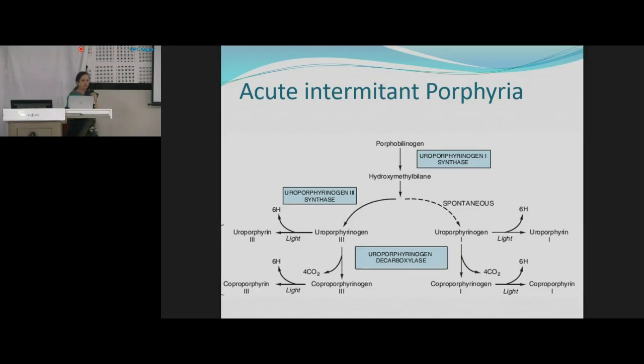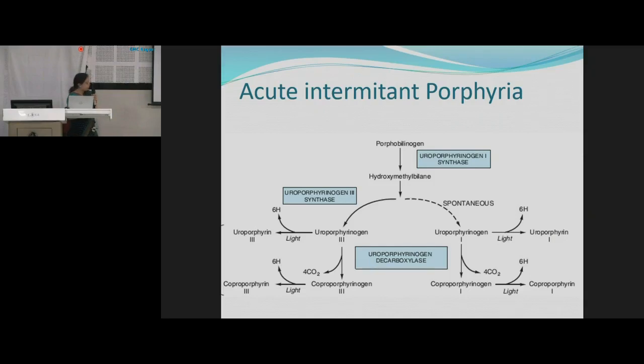And the symptoms most commonly are neuropsychiatric symptoms and abdominal pain. So that is because of the accumulation of ALA and PBG. That is because of the neuropsychiatric symptoms. That is, if brain is involved, then there will be convulsions, confusions, and anxiety. So there will be different symptoms related to neuropsychiatric disorder.